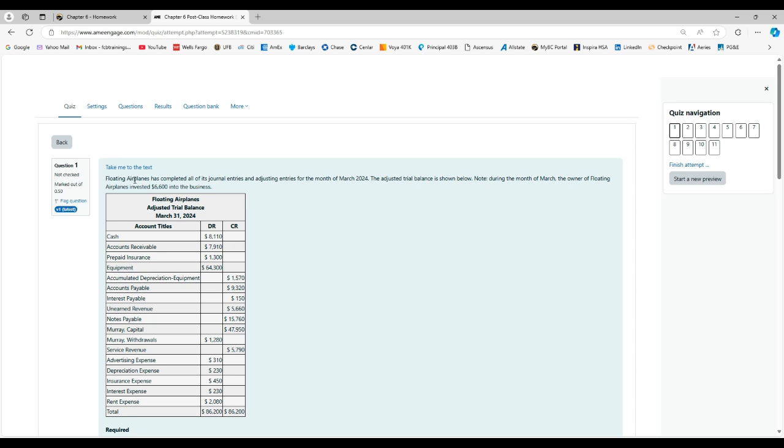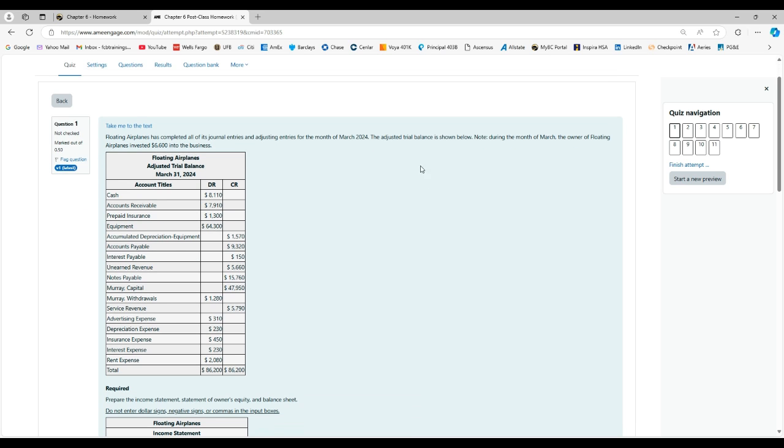In this problem, we have this company, Floating Airplanes, and the company has completed all of its journal entries and adjusting entries. So we're right at the ending point of the accounting cycle, where we've got an adjusted trial balance shown here.